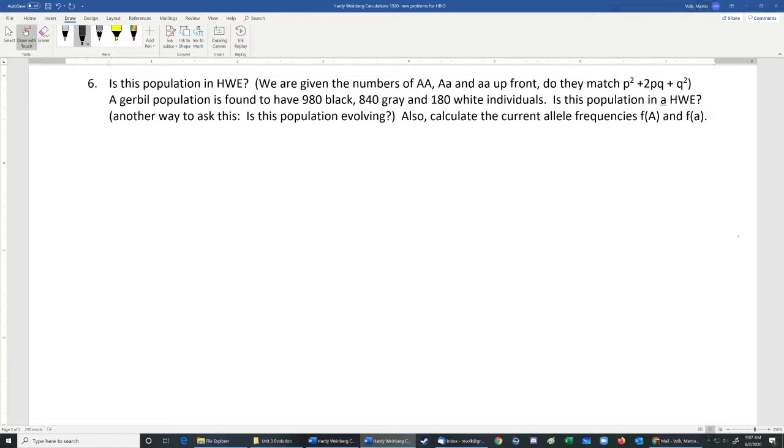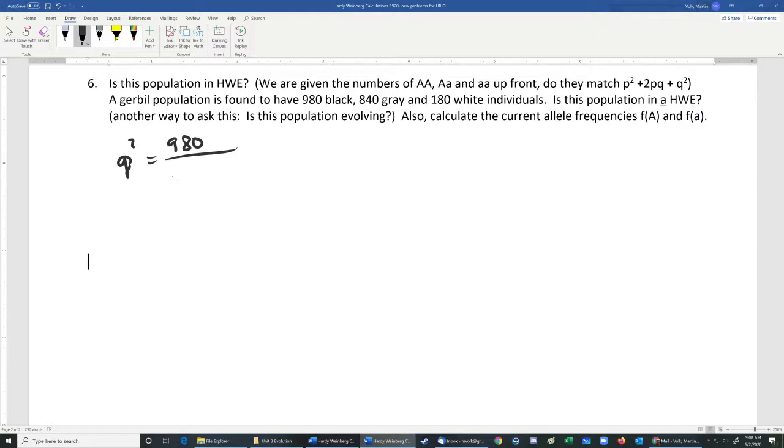So what we can do is just arbitrarily assign one of the homozygous genotypes P and the other one Q. Which one we choose doesn't really matter at all. So I'm just going to say black is Q. Q squared is going to be 980, which is the number of black gerbils, divided by the total.